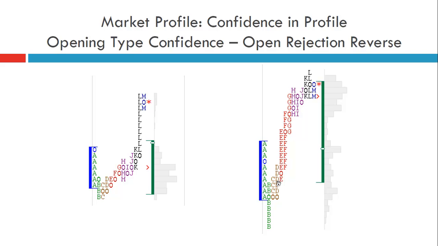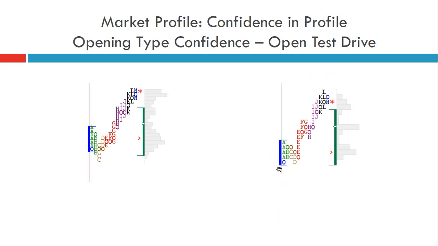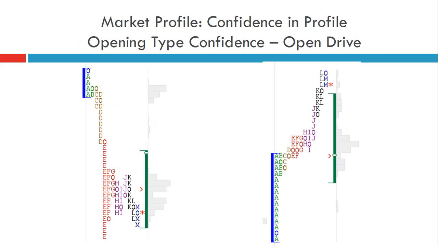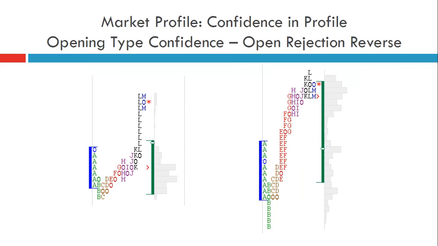The C and D interval went way into the A interval prices, as well as above the B interval high and the C interval high, that is the D. So you could easily make out that open rejection reverse is in place, because see, had open drive been there, the previous lows, if you see, they are not easily broken. 1 or 2 times they will be broken, but majority of times when the trend is formed, it does not break. So this gives you a good idea that the open rejection reverse is in place.